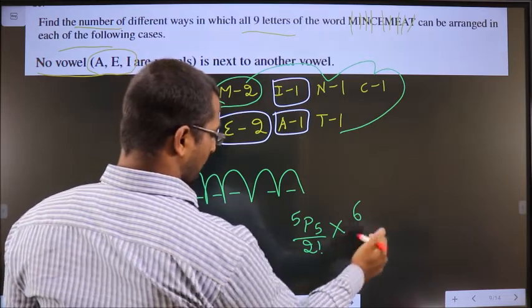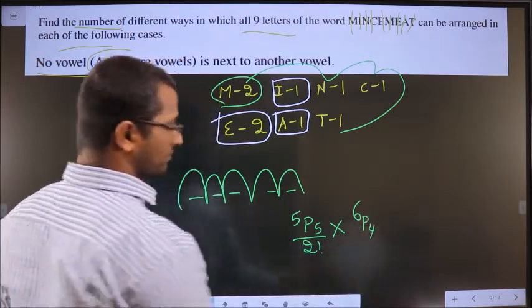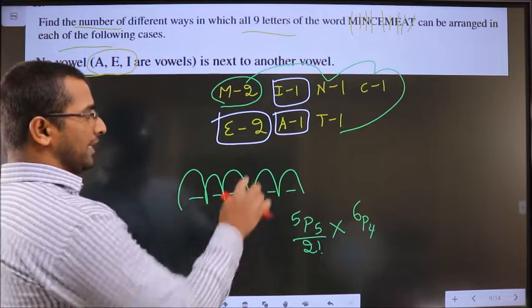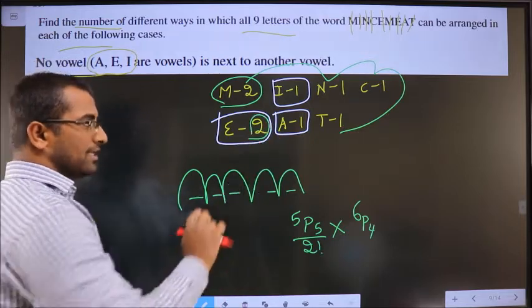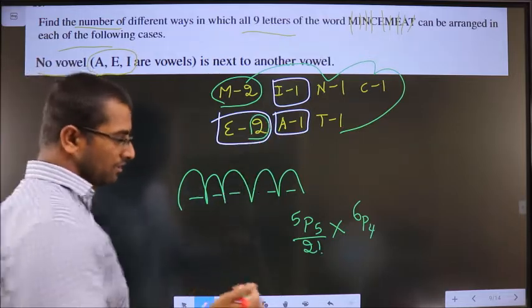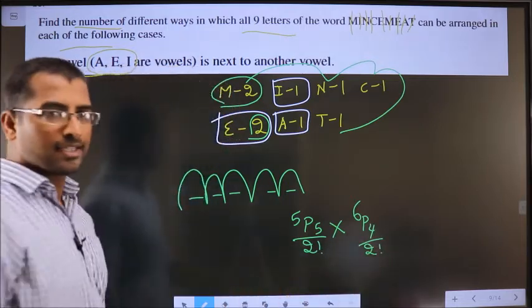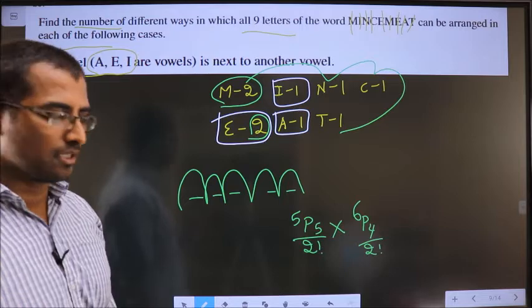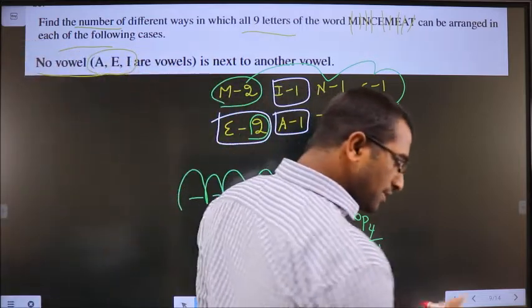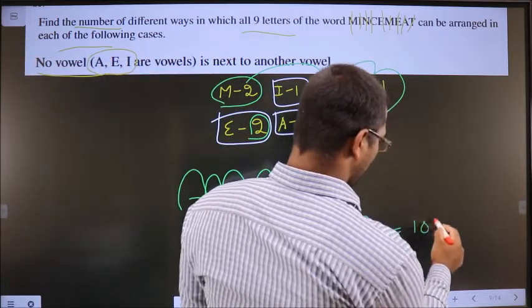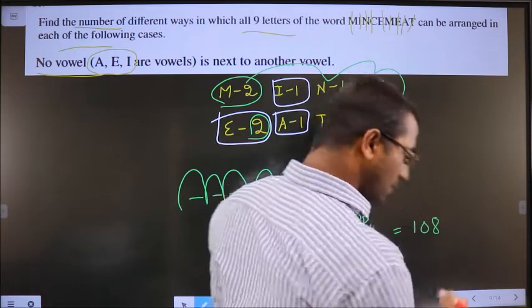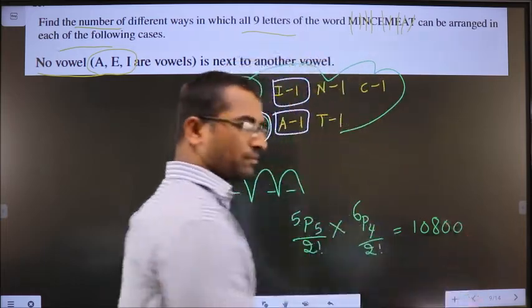So 6P4 and more. In the vowels, these two E's are identical. So divided by 2 factorial. Place this in the calculator. You get the answer to be 10800.